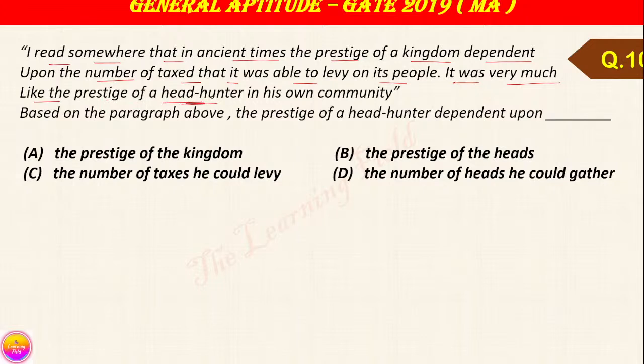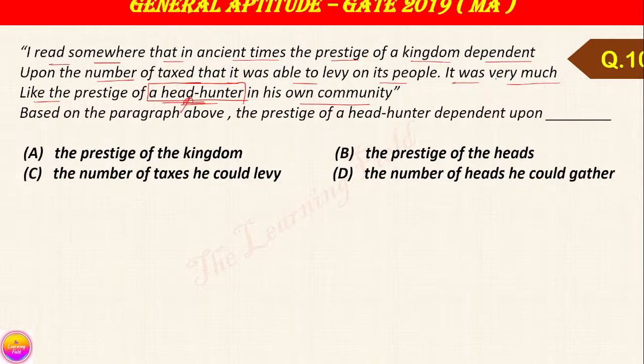Headhunter means a hunter who takes the heads of some people or some animals, you can say in this case, in his own community. Okay, this type of person, who cuts the heads of a man or of some tigers or some animals, is called here the headhunter.